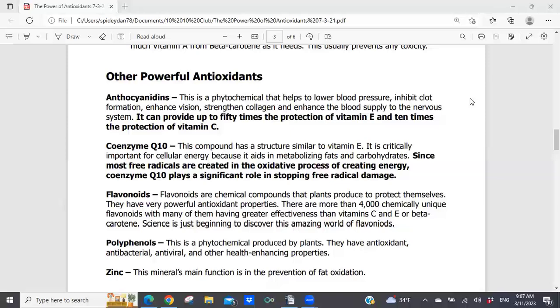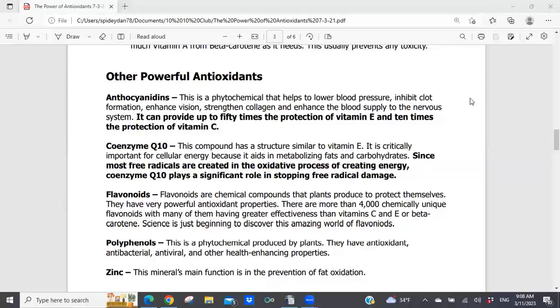And if you're on some type of statin to lower cholesterol, then you must take a CoQ10 supplement, because statin drugs interfere with the liver's ability to create cholesterol, especially low density lipoprotein, or the LDL, or bad cholesterol.